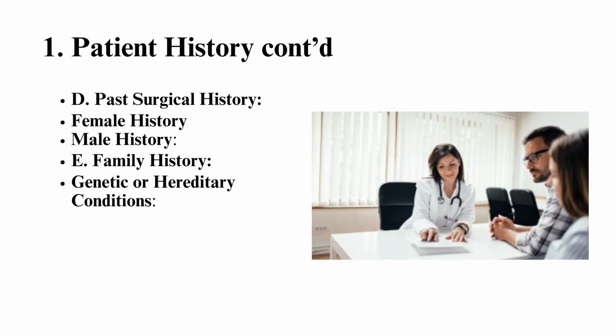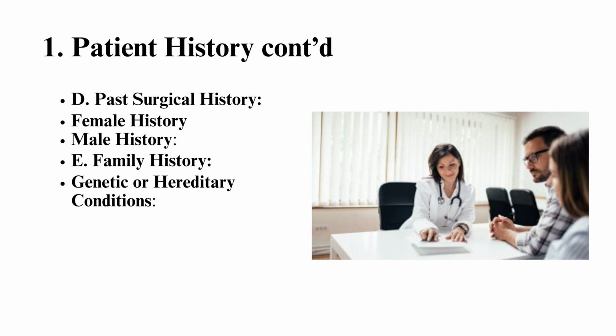D. Past surgical history. Female history: a history of pelvic surgery, such as appendectomy, cesarean section, or tubal ligation, may affect fertility. Male history: previous surgeries such as vasectomy, hernia repair, or testicular surgery may cause scarring or obstruction.